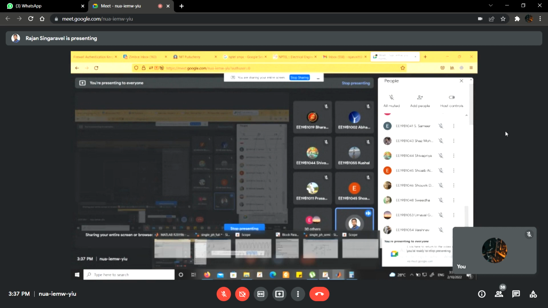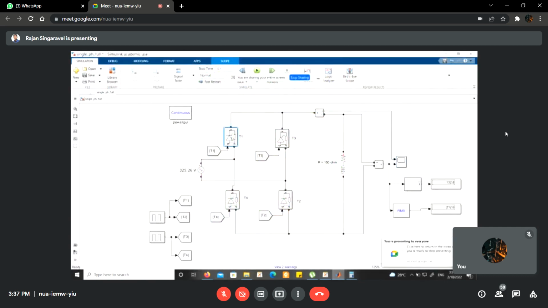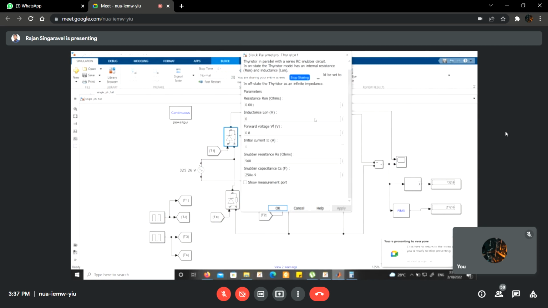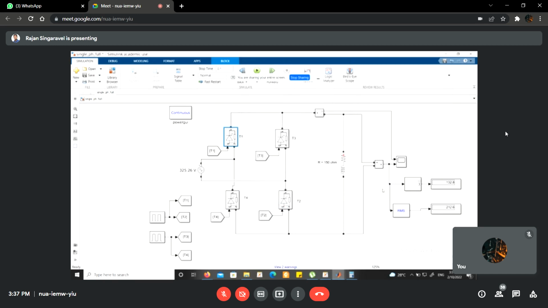Otherwise, what we need to do here is go and set all these parameters. See, we have something called the snubber resistance, snubber capacitance. Everything is there, right? If you make this thyristor an ideal one, then we can expect a pure waveform.